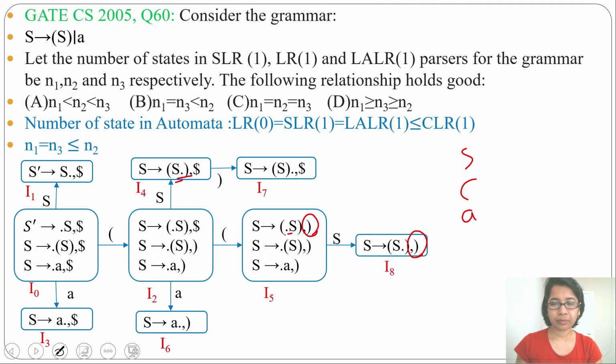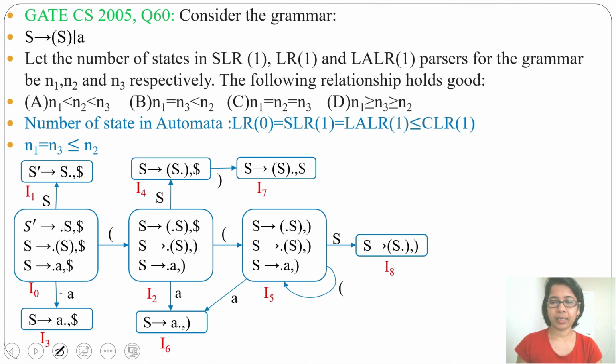Then from I5 by start bracket it will go to the same state. Then by A it will go to I6 state, as I6 contains S derive A dot and look ahead is end bracket. Now we did all the transitions for I5. Next check for I6. I6 is a reduction, there will be no transition. Next check for I7. I7 is a reduction, there will be no transition.